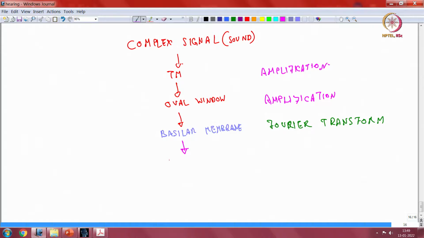Now, from there on it goes on to the hair cells, Scarpa's ganglion, and to the brain.